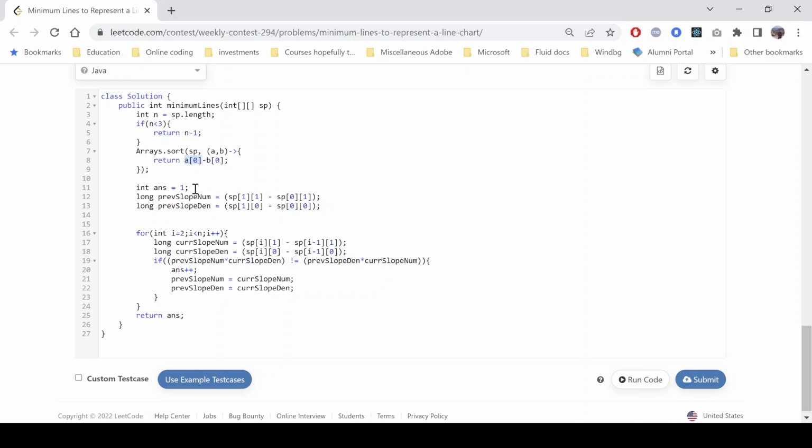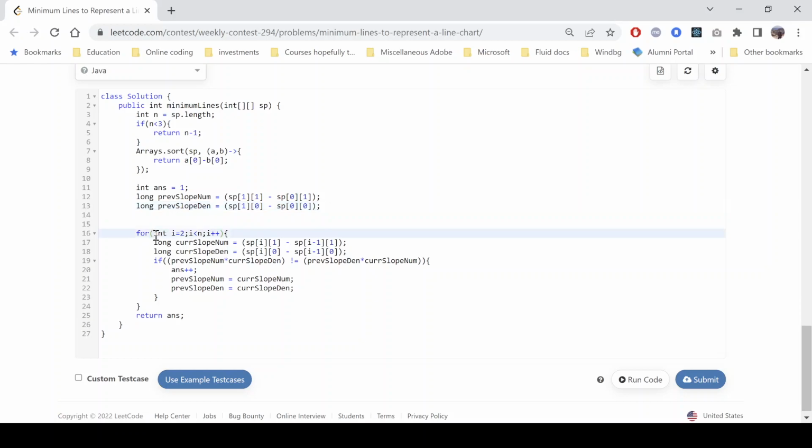Now we initialize the answer by 1 because we'll need at least one line, and then as explained in the diagram, we calculate the previous slope numerator and previous slope denominator. The first value will be y1 minus y0, and this will be x1 minus x0. This is the numerator and denominator. No need to divide it because that will again have precision errors.